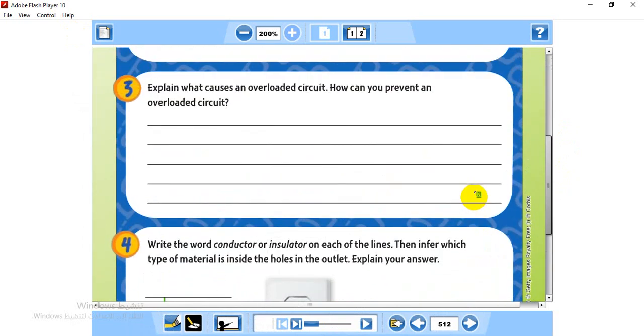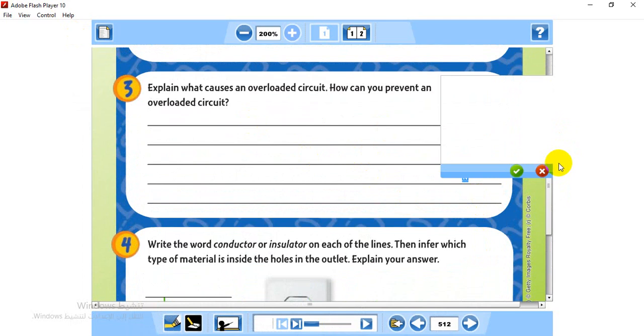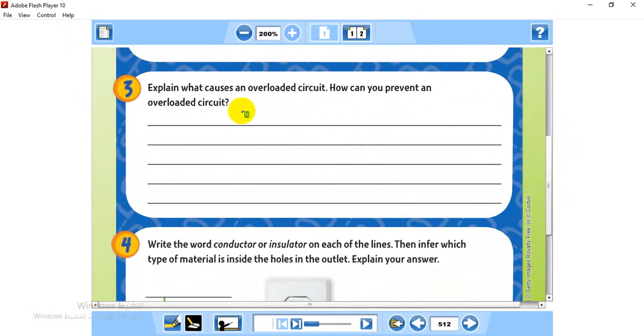Let's go now, exactly here. They're asking you to explain what causes an overloaded circuit, and how you can prevent an overloaded circuit. Okay, guys, you have to give your reason here.